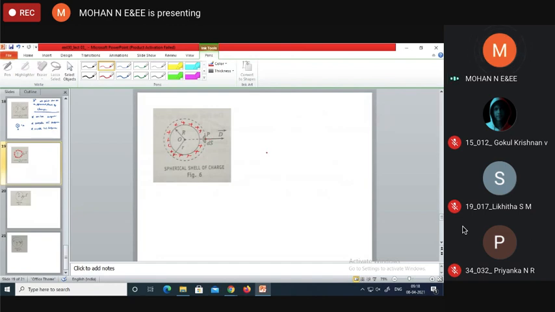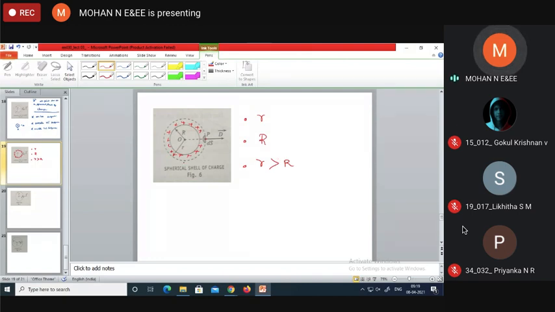So this point P is at a distance of r. R is the radius of the shell, and r is greater than R here. Got it. So the Gaussian surface is a concentric sphere.